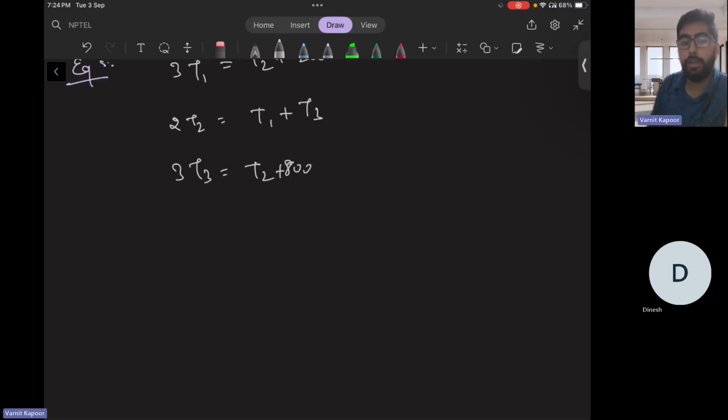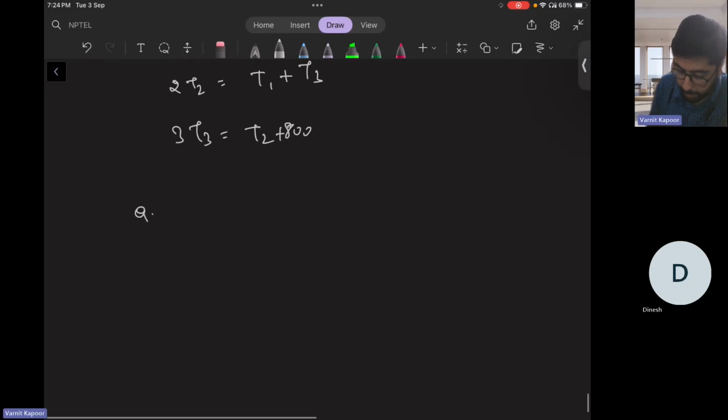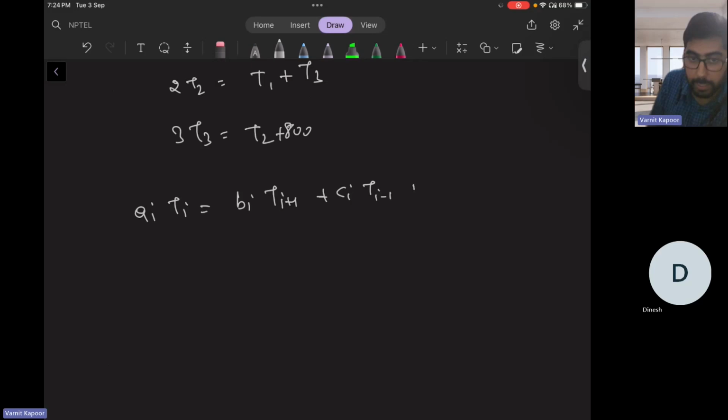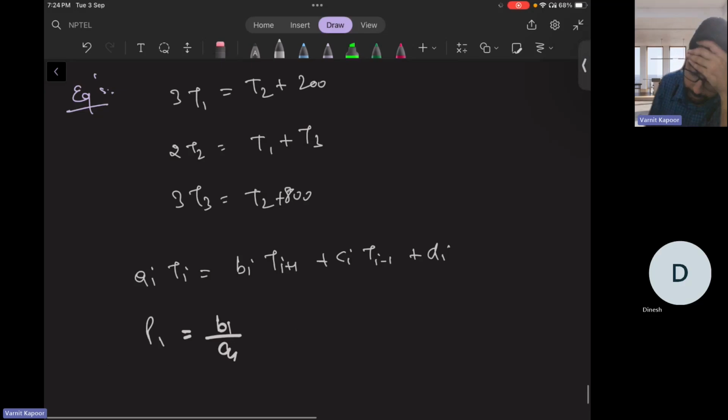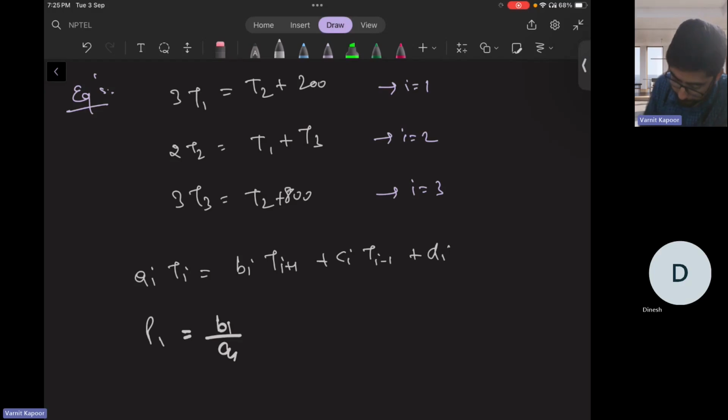Now, what was our generalized equation of TDMA? Ai Ti is equal to Bi T east node plus Ci T west node plus Di. So here P1 is nothing but B1 over A1. You see from the first equation, this is node 1, node 2, or I should write i is equal to 1, i is equal to 2, and i is equal to 3.